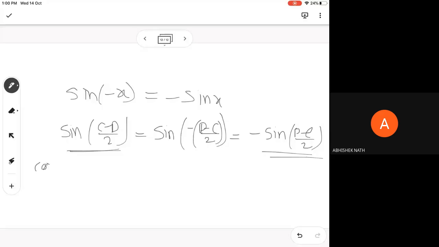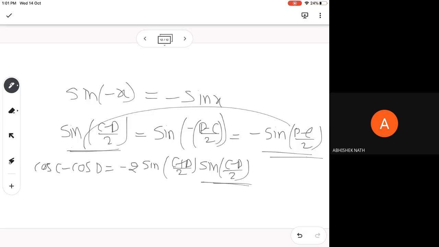So cos c minus cos d, whenever I said here, most of the students will get confused. Sir, it is cos, so how will it come in sin? It will come in sin only. So think about the proof a little. If you are thinking minus 2 sin c plus d by 2 sin c minus d by 2. This sin c minus d by 2 I will write as minus of sin d minus c by 2.